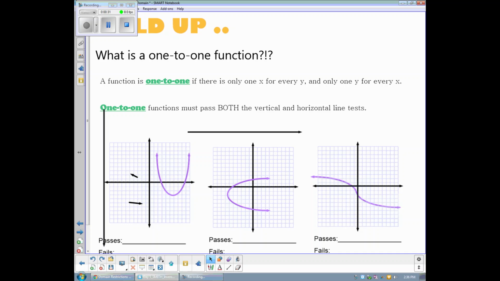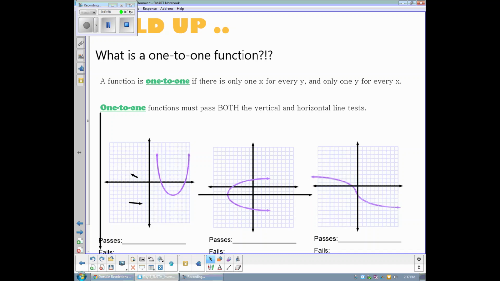So if you see what I have on the page here, if I do the vertical line test, the first function passes the vertical line test, the second function doesn't. The third function does pass the vertical line test. Now let's check the horizontal line. The first function does not pass the horizontal line test. The second function does pass the horizontal line test.